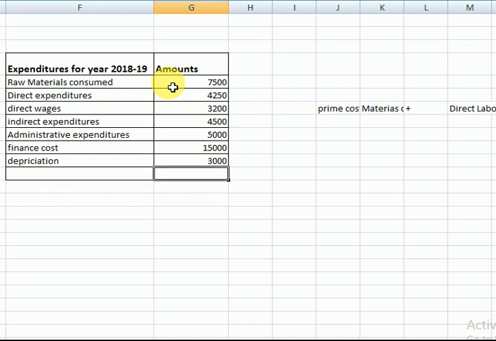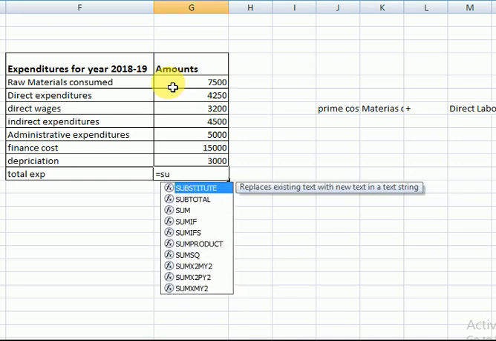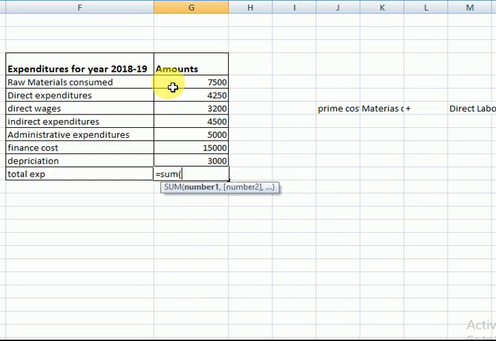So let's suppose these are the total expenditures that took place, equal to the sum. Look at it, this is the total expenditure, 42,450.